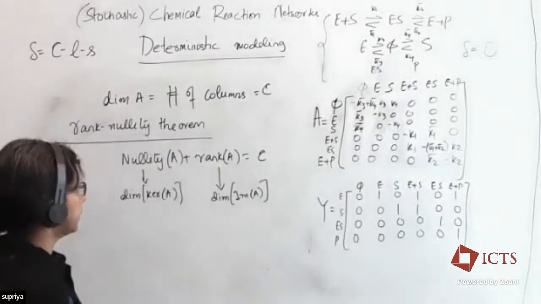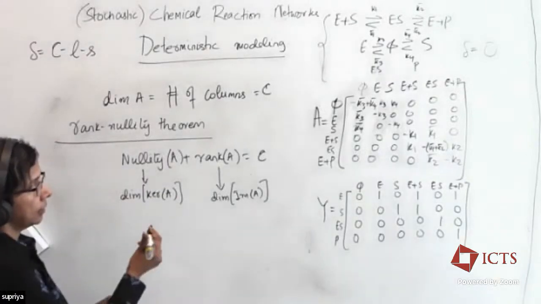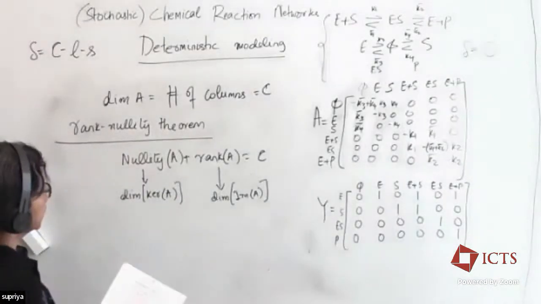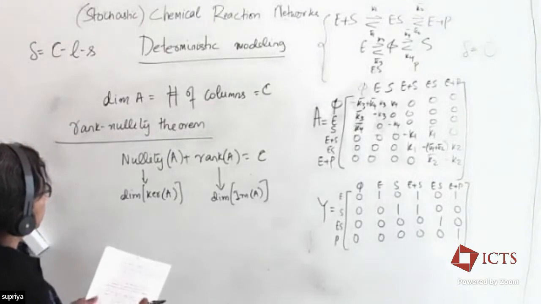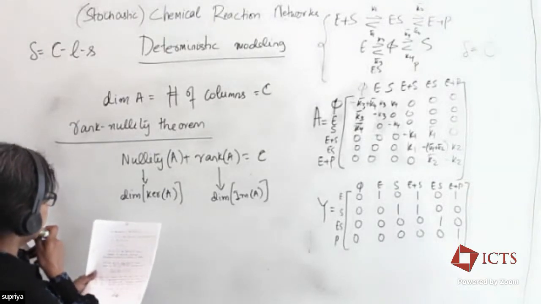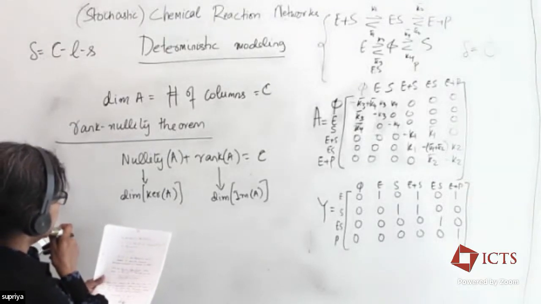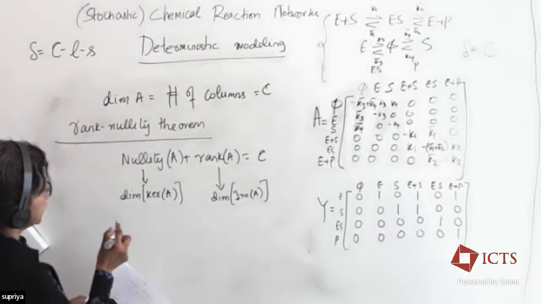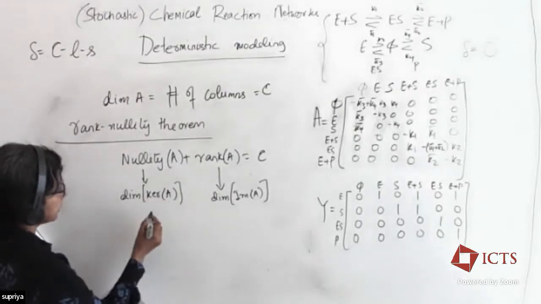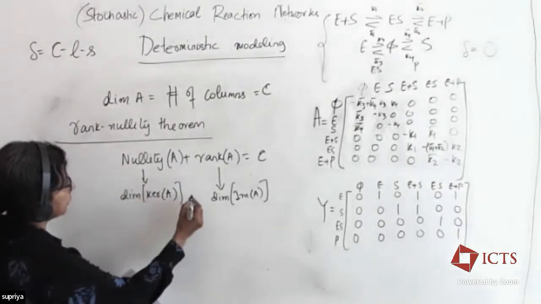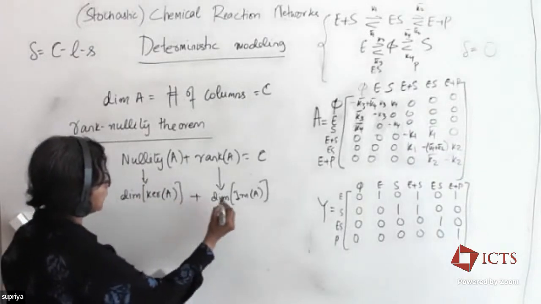So that's basically how the whole theorem was proved. Now we can write this: the dimension of the kernel of A plus the dimension of the image of A is equal to C.